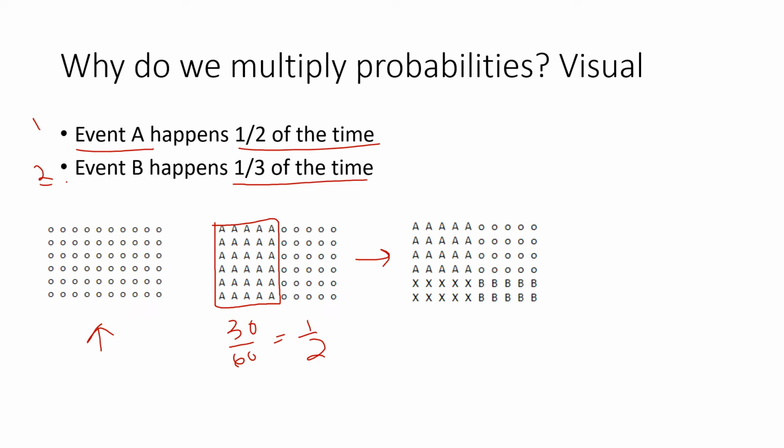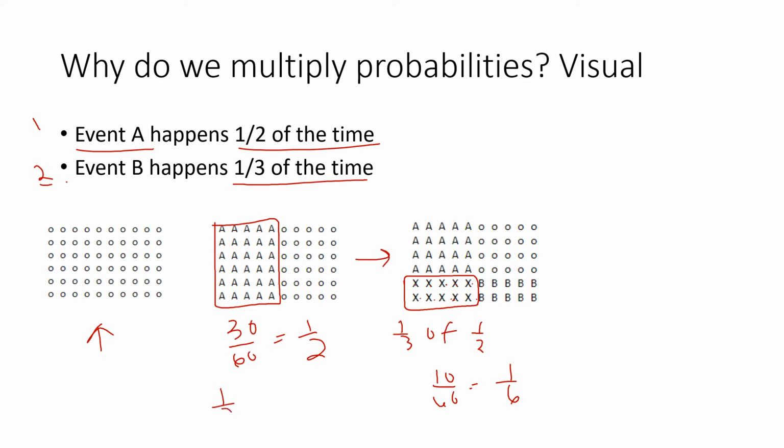So these X's represent this 1/3 of the original 1/2 of the A's. If we count them up, 1, 2, 3, 4, 5, 6, 7, 8, 9, 10, we know it's 10. 10 over 60 can be simplified to 1 over 6.